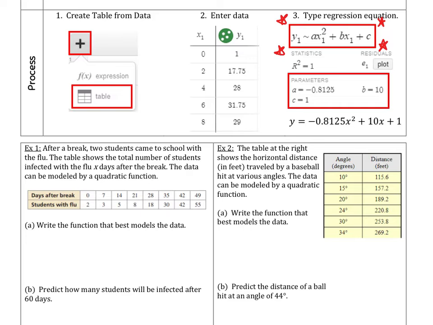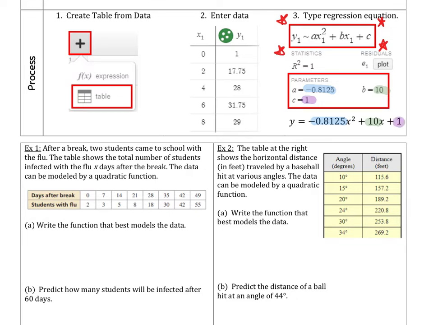And so you can just take that number 12 equation and make it fancy. When you finish typing in y1 squiggly line a x1 squared plus b x1 plus c, takes a lot of typing, you're going to get a, b, and c on your parameters. And then you just plug in the a where a goes, the b where b goes, and the c where c goes. And that's it.